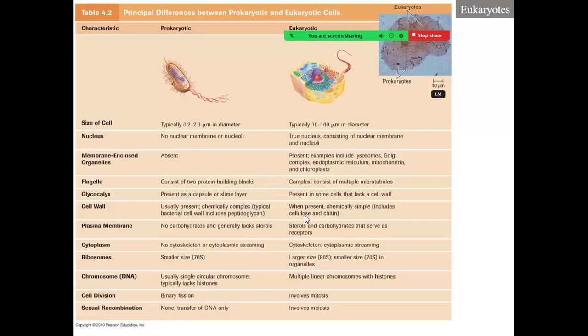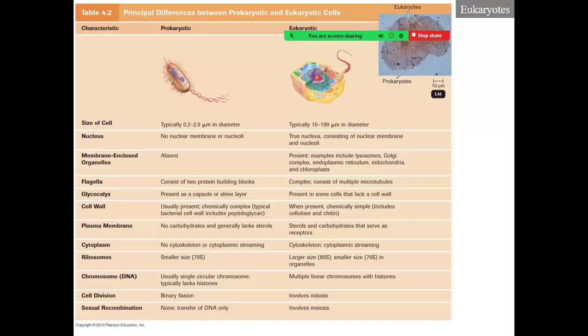And then the cell wall is found on fungi and plant cells and some protists, but it's chemically simple. Like the cell wall of plants is only made of cellulose, much simpler than the cell wall of a prokaryote cell.